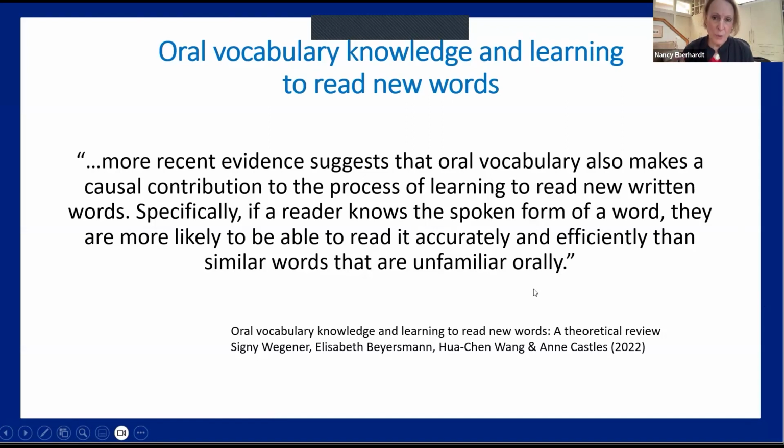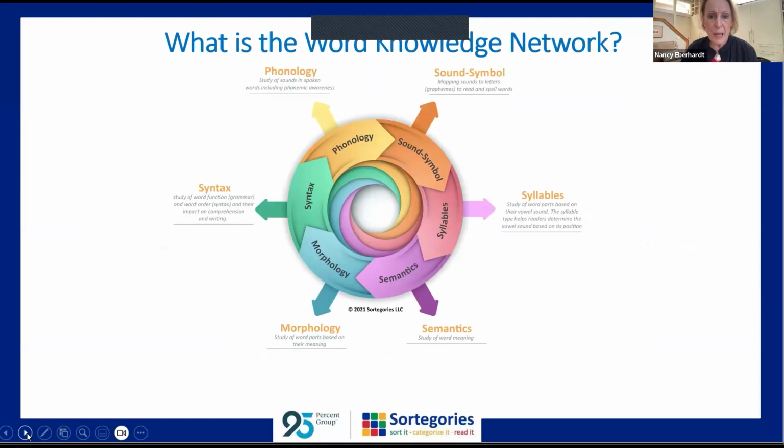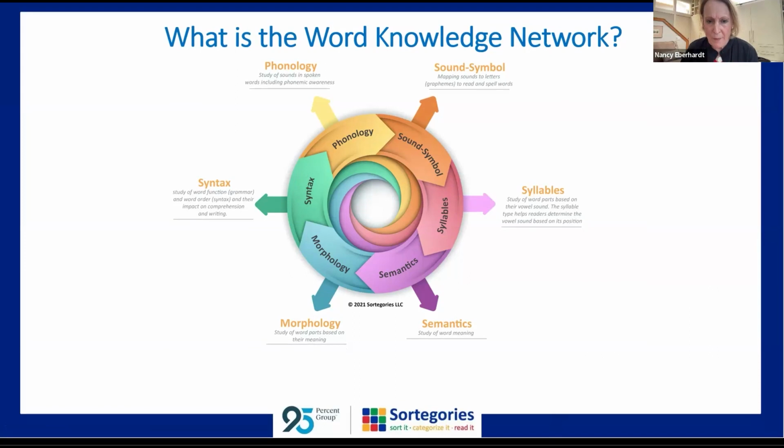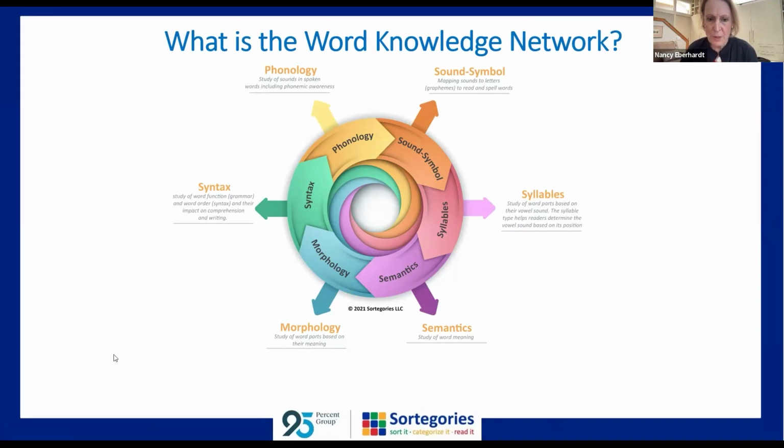It's important to think of these multi-components not in just a linear fashion, but in an iterative and reciprocal fashion. So let's go to the next slide, which is how Cheryl and I tried to make this model concrete. We call this the word knowledge network, which lays out in order, in sequence, these components, but the graphic is intended to show the bidirectional nature of this.